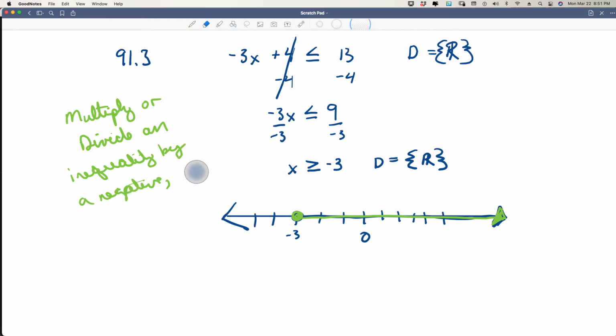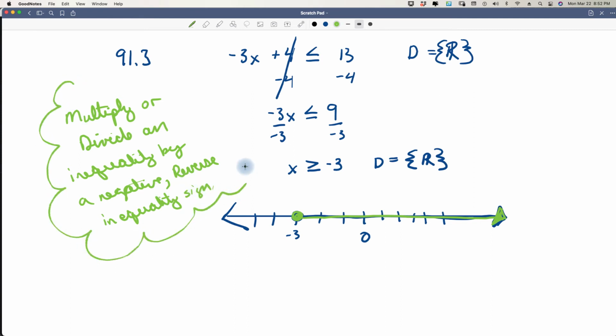Actually, flip is not the right word, reverse is the right word. You're going to want to make a note of that. That's something to remember, because that's always going to be the case.